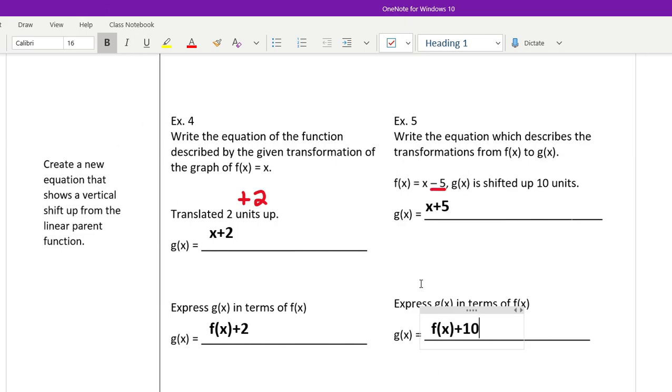When I'm looking at terms of x, I'm simply saying that it is 10 units above this value. So when x is 0, my function of f is going to equal -5, whereas my g function of x is going to be at +5.